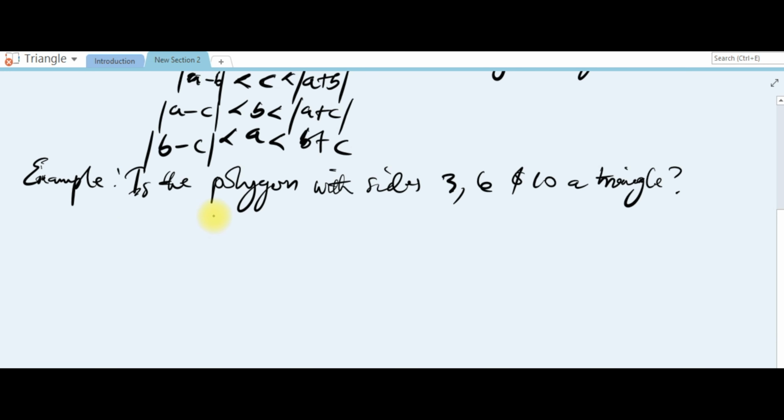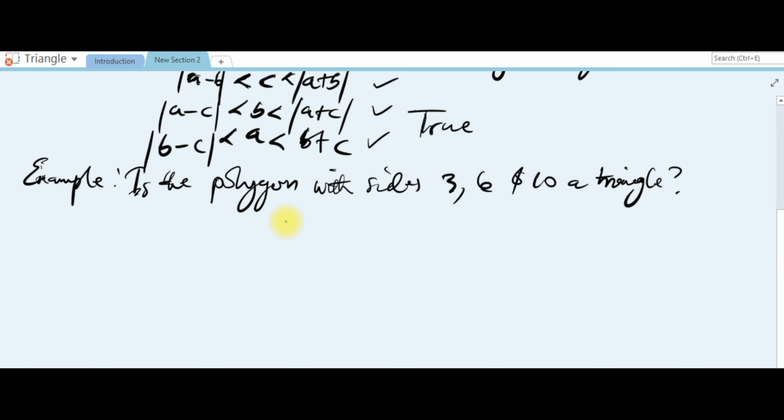The only way we can solve this is using the triangle inequality theorem. Check any one. Remember, all three must be satisfied. If any one fails, it's not a triangle.